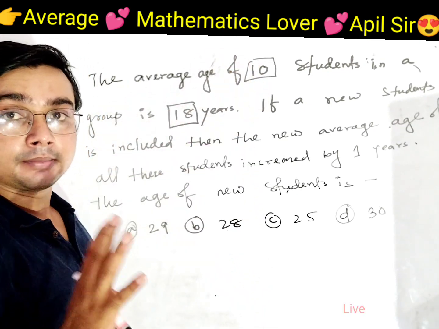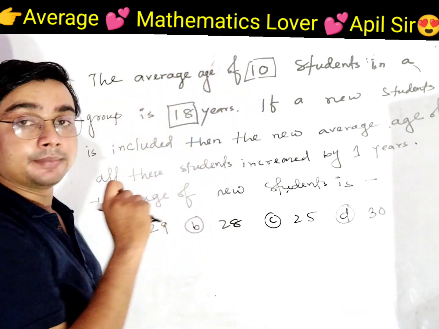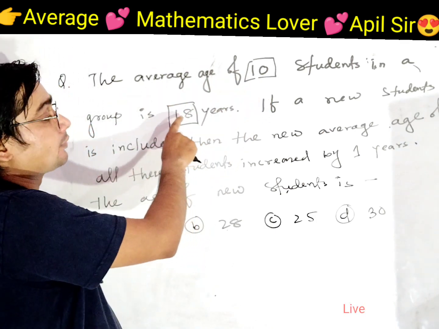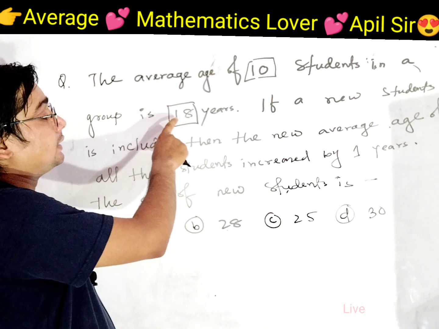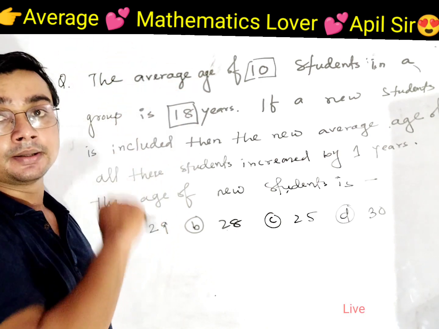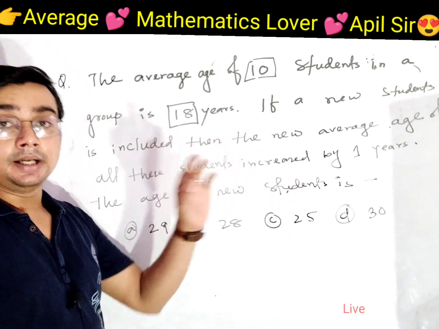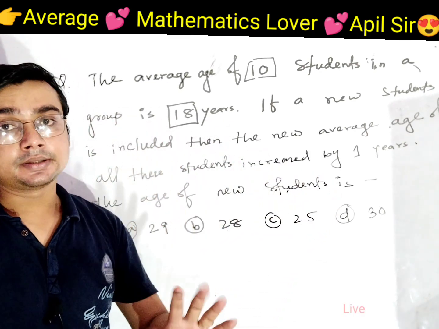That means the number of students will be 11, and their average age will be 19. Find the age of this new student.